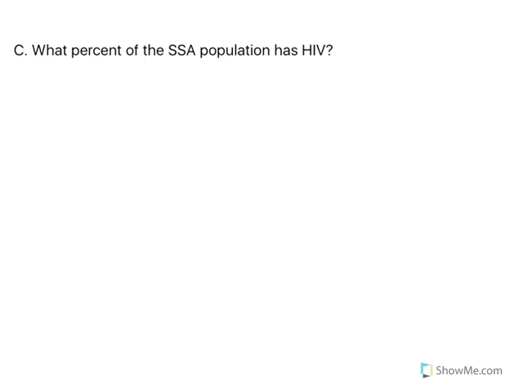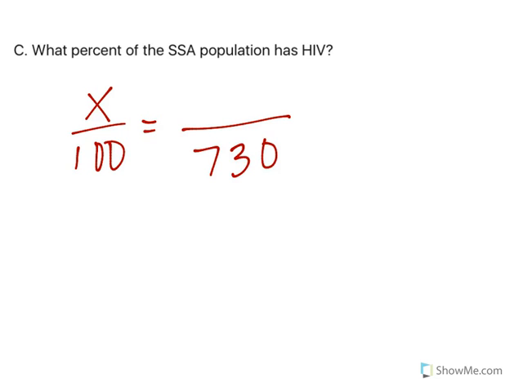So crazy. Now, what percent, okay, when I see what percent, x over 100, what percent of the sub-Saharan Africa population has HIV? Well, if you recall, we know that 730 million people live there and 25 million have HIV. So we have HIV over the total, right?